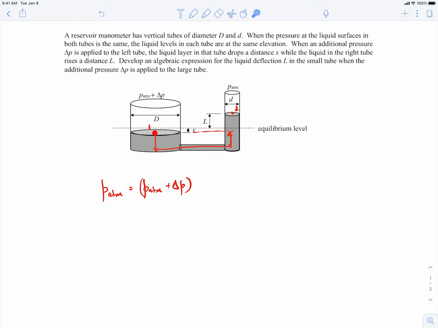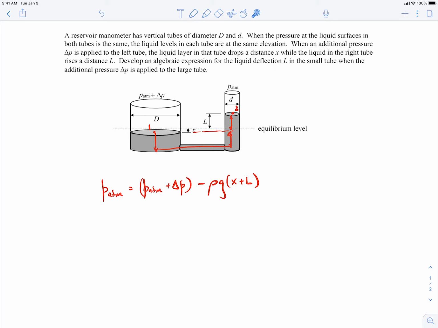It'll be the same pressure that we have over here because we're at the same elevation. Now we're going to move up this additional distance, which is a distance of X plus L. So we're going to be removing some weight there to move upwards. We're moving upward a distance of X plus L to get to this point, and that will be the pressure at 2, which is P atmosphere.